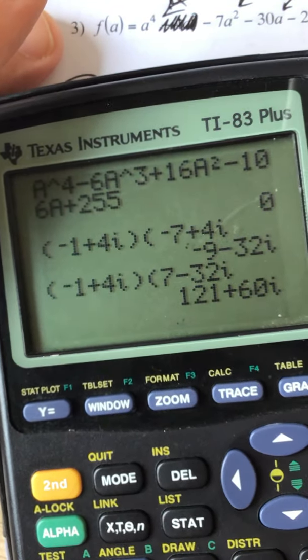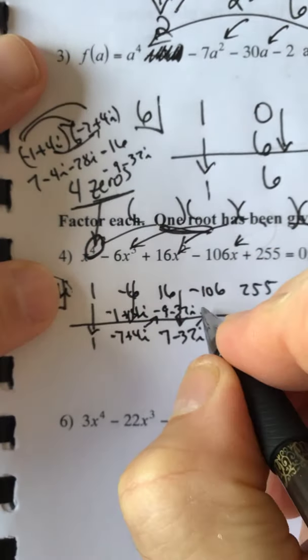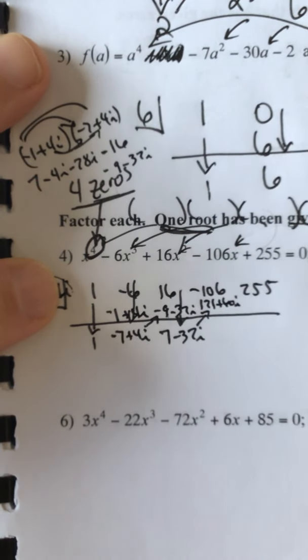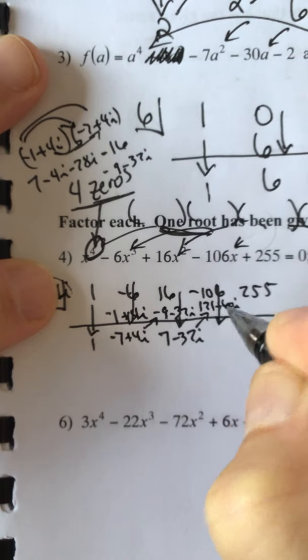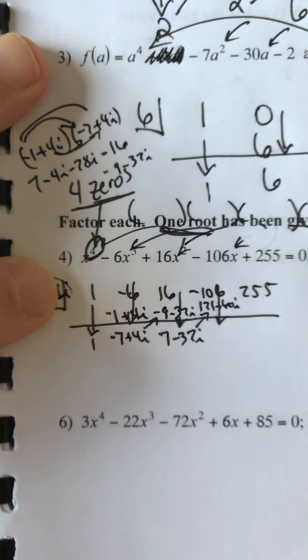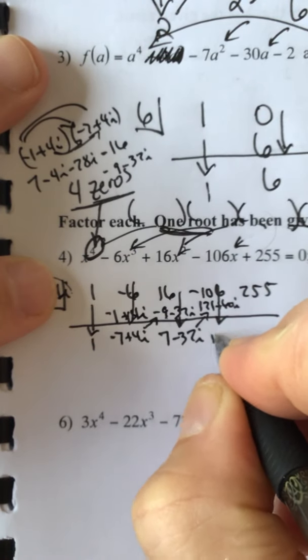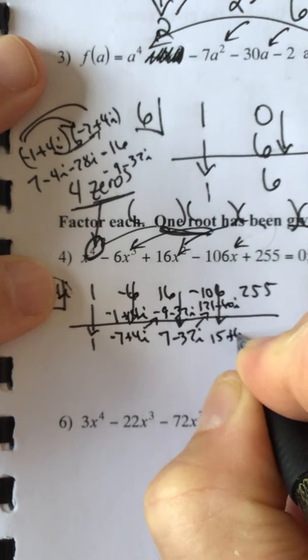It's 121 plus 60i. Okay, so this is 121 plus 60i. Okay, add down. So the negative 106 and the 121 is going to end up being 121 minus 106 is 15. So that ends up being 15 plus 60i.